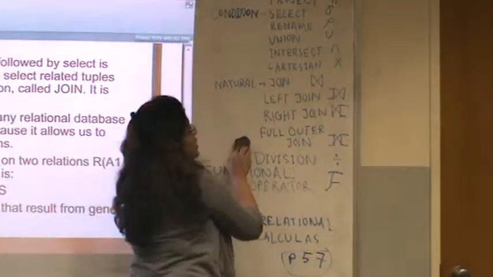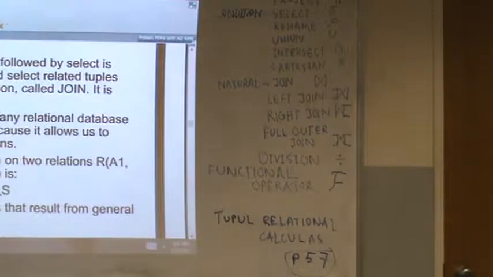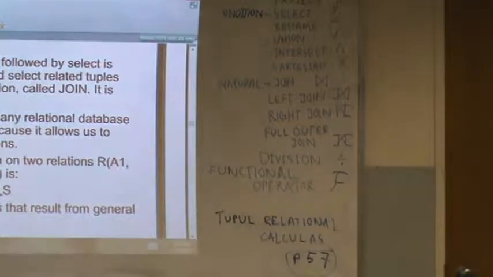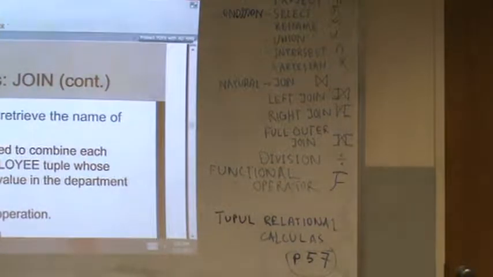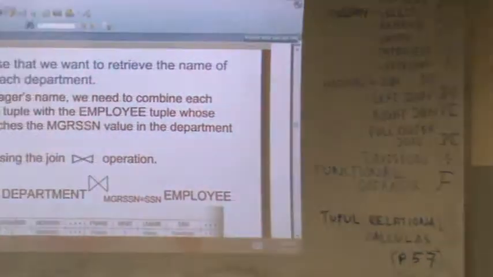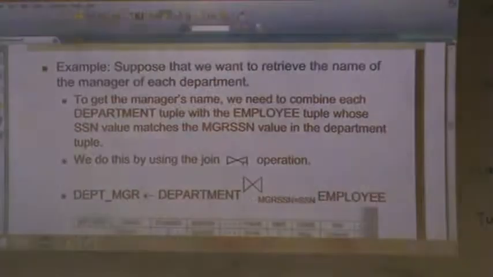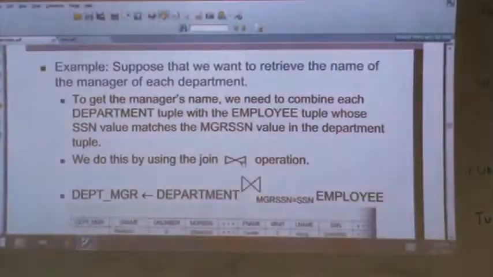All of them are from the same class, so it's a bit confusing. The binary relational operation join symbol is like that, almost like a cross with 2 boundaries, totally bounded. Then let's see one example.